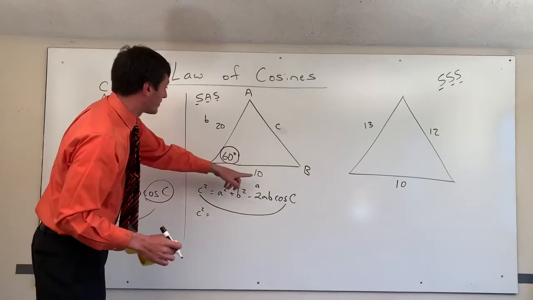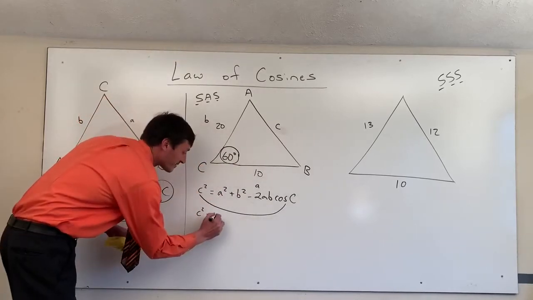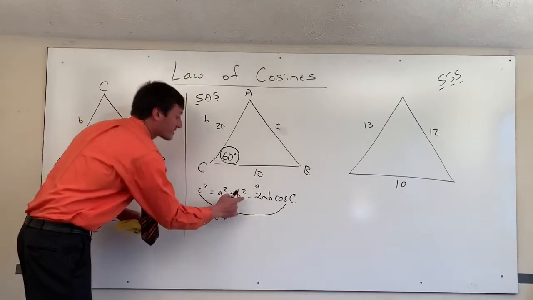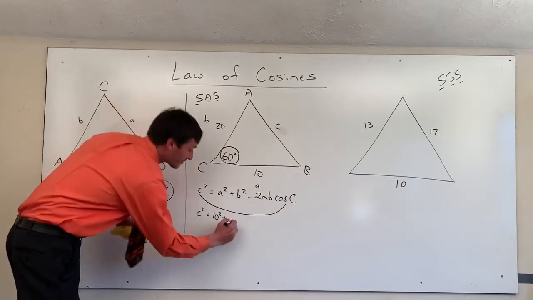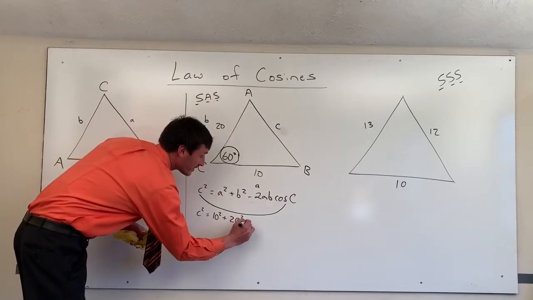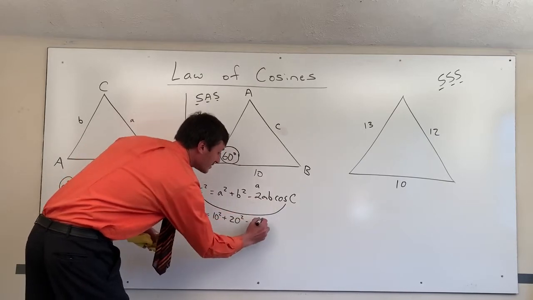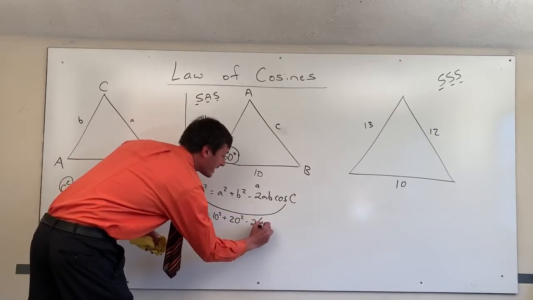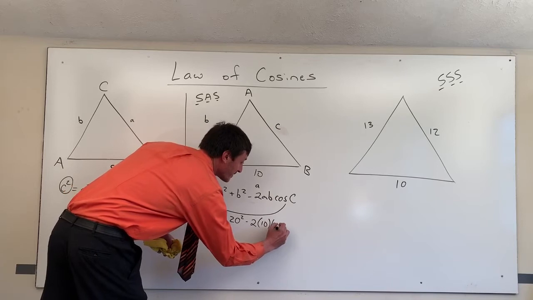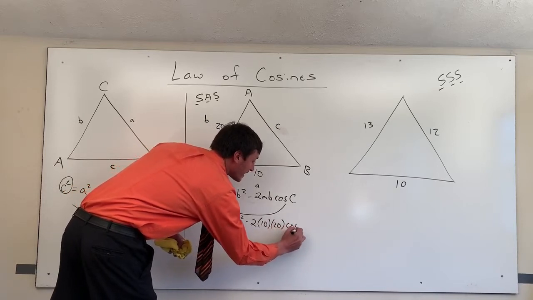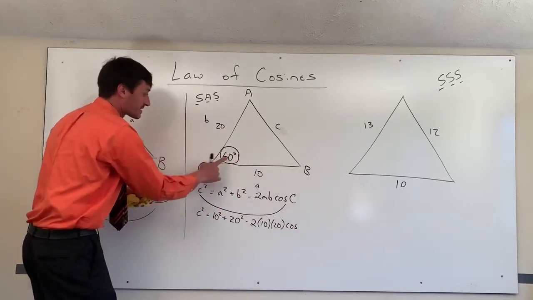So what's a? Well, we know that a is 10, so we have 10 squared plus b squared, which is going to be 20 squared, minus 2 times a times b, so 2 times 10 times 20, times the cosine of angle C, and angle C is what?